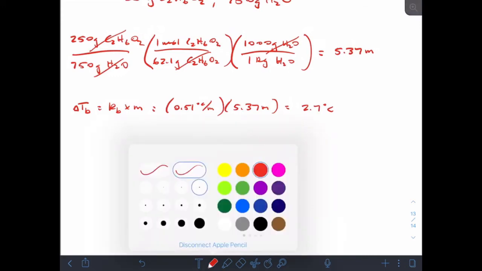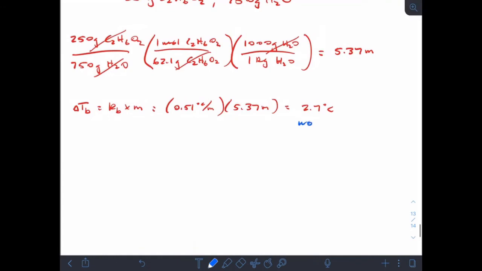Okay, let me write that down in a nice bright color. Not the new boiling point. Okay, this is a change in boiling point. So boiling point elevation. So the normal boiling point plus 2.7.